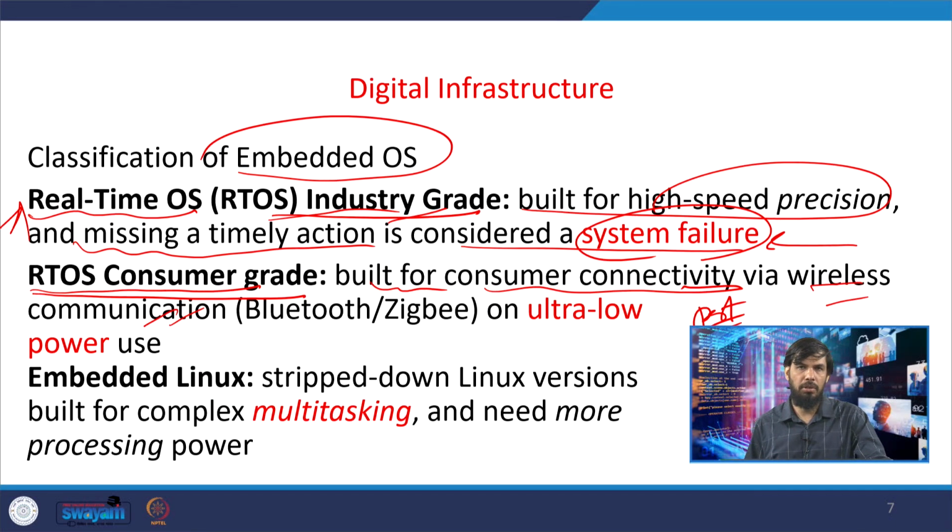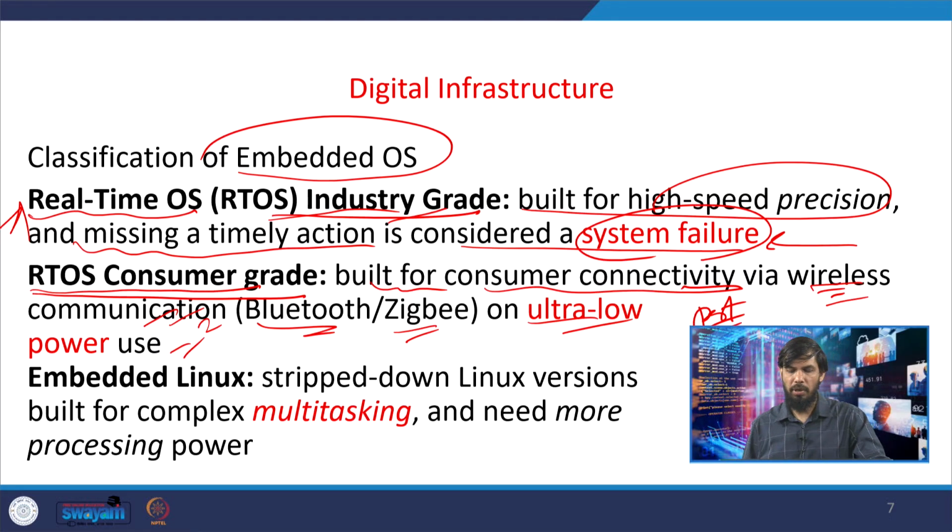That means some of these devices consumers might be using directly, and therefore wireless connectivity becomes important. Bluetooth and Zigbee are some of the wireless communication protocols which might be used because they are quite good with ultra low power use, because you want to increase the battery life and you don't want consumers to change it again and again, right.